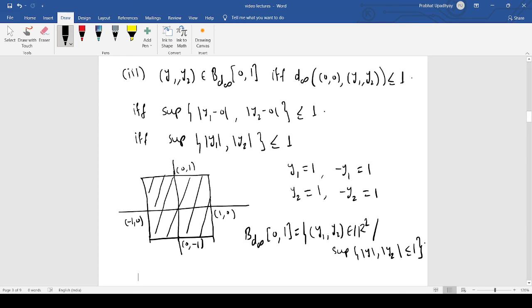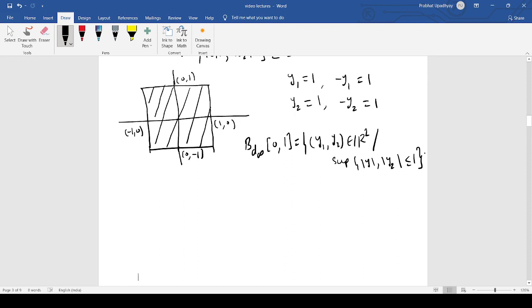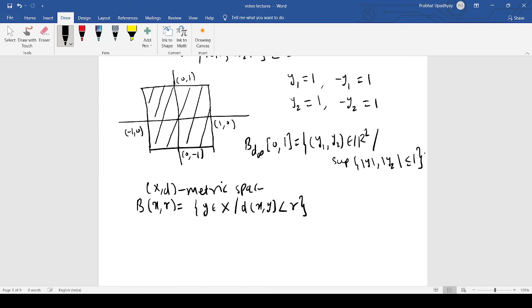Now after this example, I'll just quickly give you one observation. Our open ball B(X, R) was defined as the set of all elements y in X such that the distance between X and y is strictly less than R, where of course (X, D) was a metric space.